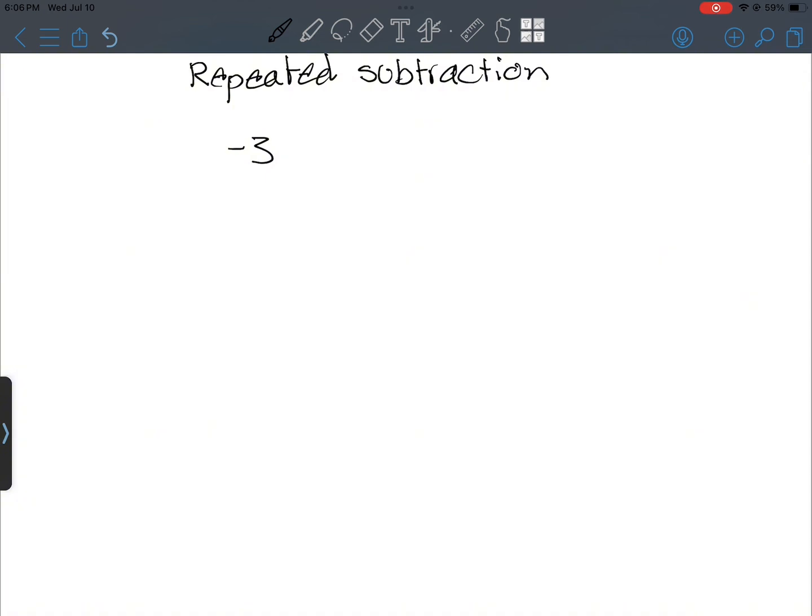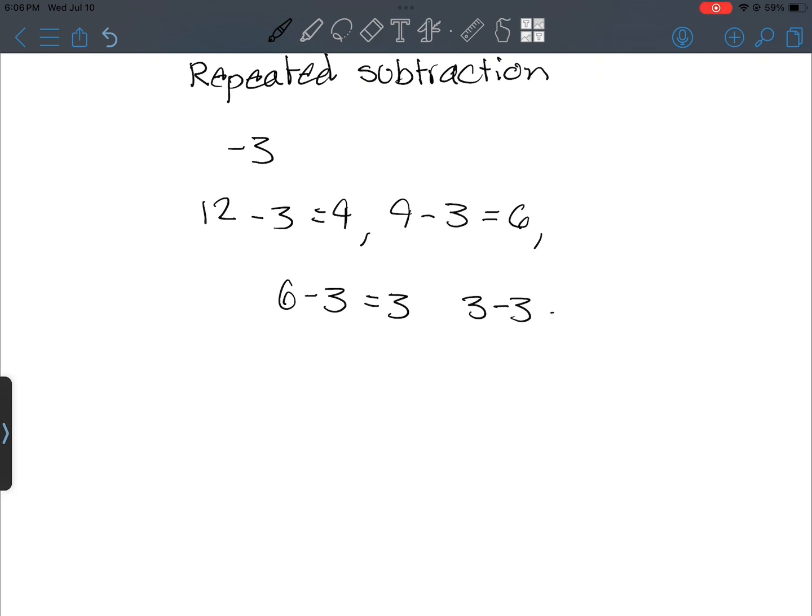Okay, so 12 minus 3 equals 9. 9 minus 3 equals 6. 6 minus 3 equals 3. And 3 minus 3 equals 0.